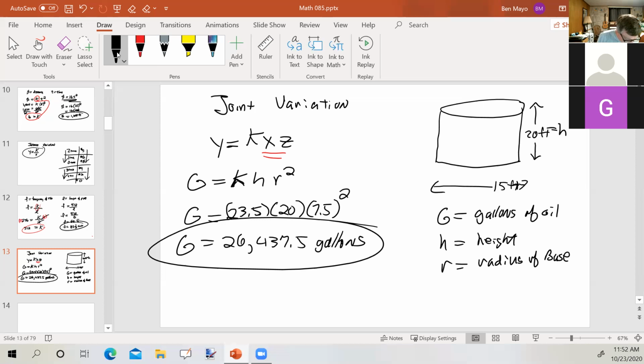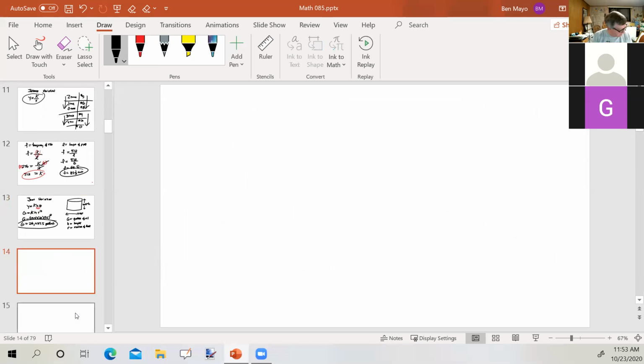I want to do some formulas versus writing. For instance, let's say that the directions say A varies directly as the square of P. If we wrote that out in symbols, A equals K P squared.